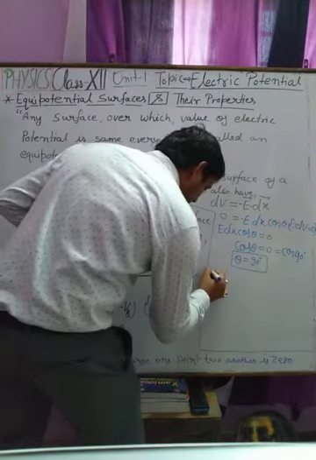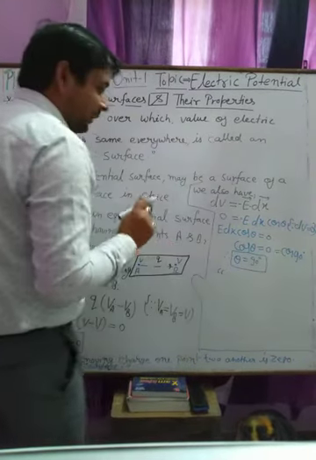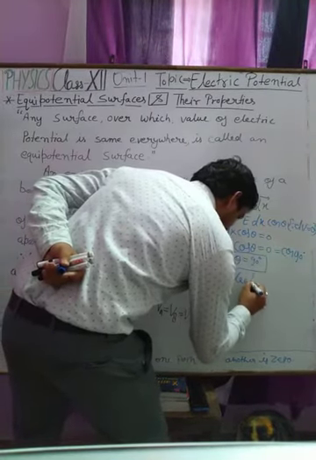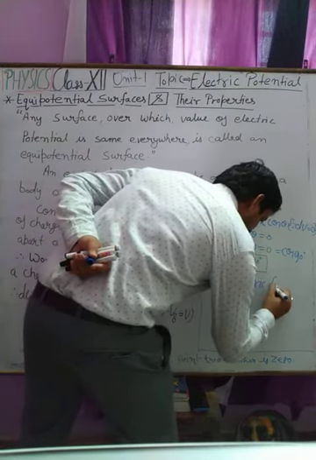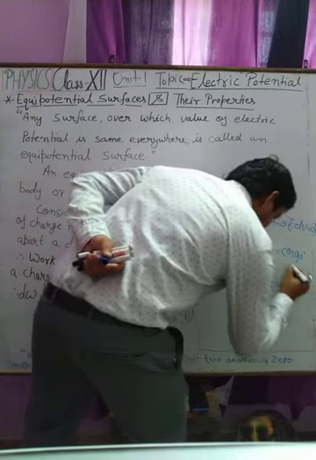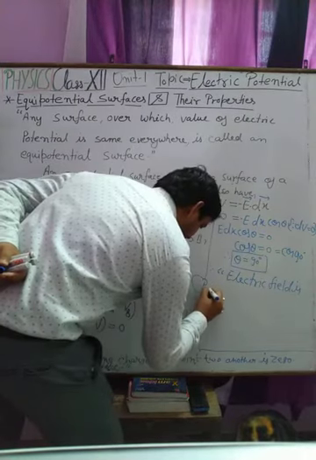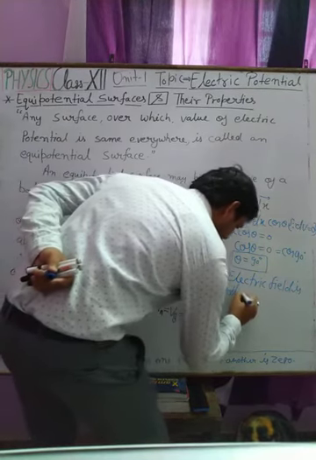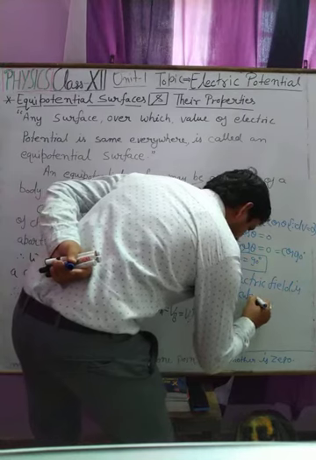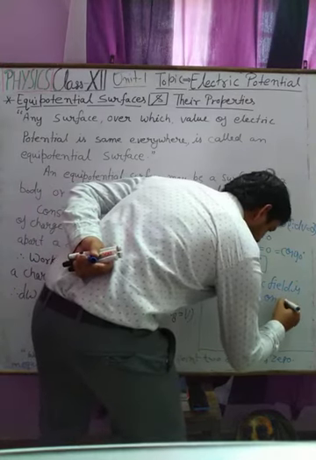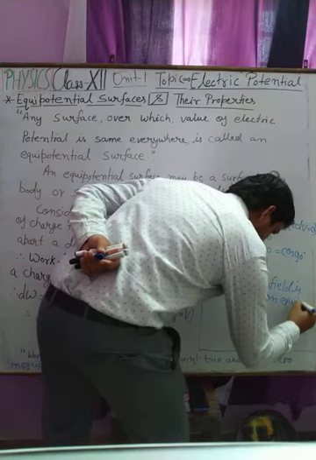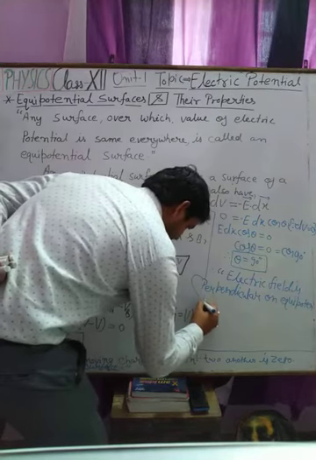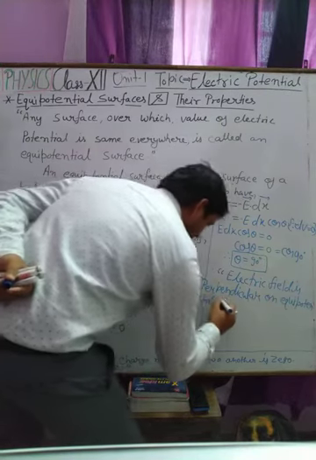That is, the electric field is perpendicular on the equipotential surface.